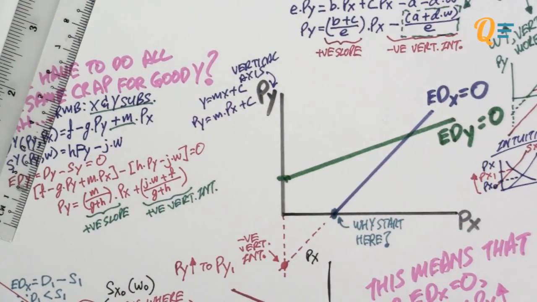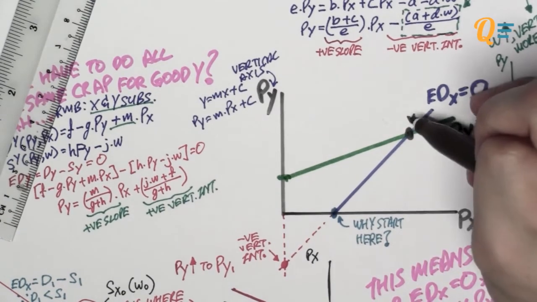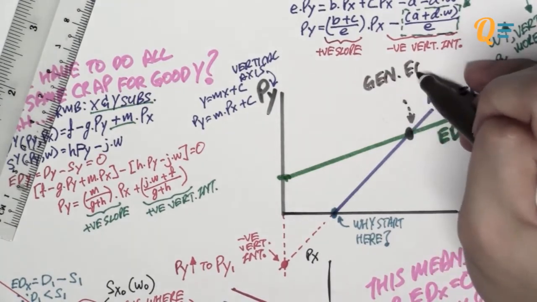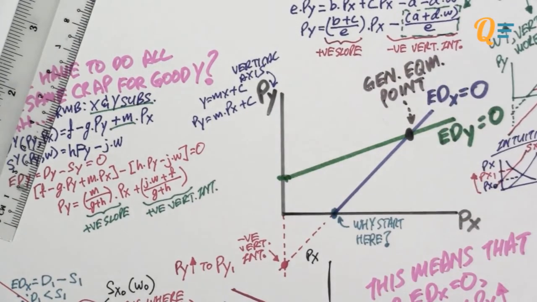The only reason why we went the long-winded way for the excess demand for good X equals 0 curve is because you had to understand what that curve means. And finally, this point over here is known as the general equilibrium point.